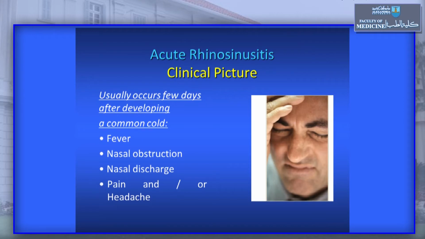The patient may localize the pain at the region of the inner canthus when it is of ethmoidal origin, or it could be felt over the cheek in maxillary sinusitis, sometimes referred to the teeth or ears, or the pain may be perceived over the forehead in case of frontal sinusitis, or the pain may be felt behind the eyes in sphenoiditis.